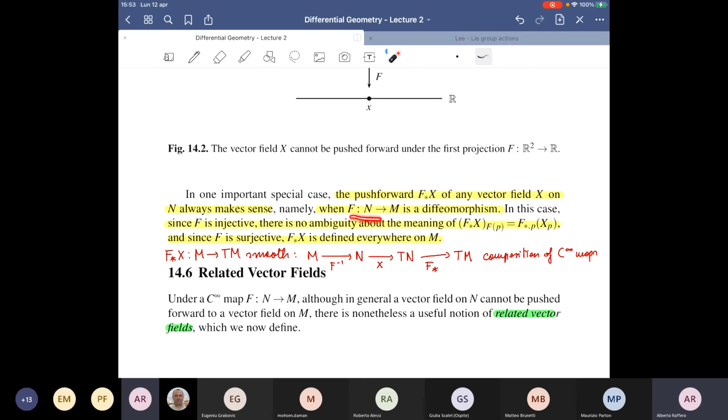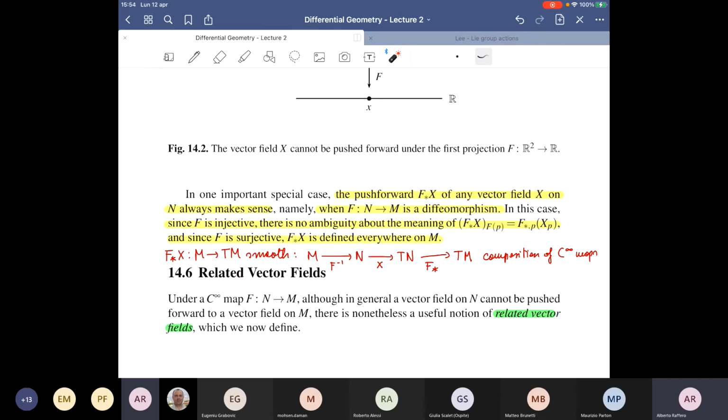So if F is a diffeomorphism, you have this map F star, which is well defined. It will map points of M to objects in TM, and so this would be in particular a section of the tangent bundle. And moreover, it is smooth, and so it is a genuine smooth vector field on the manifold.